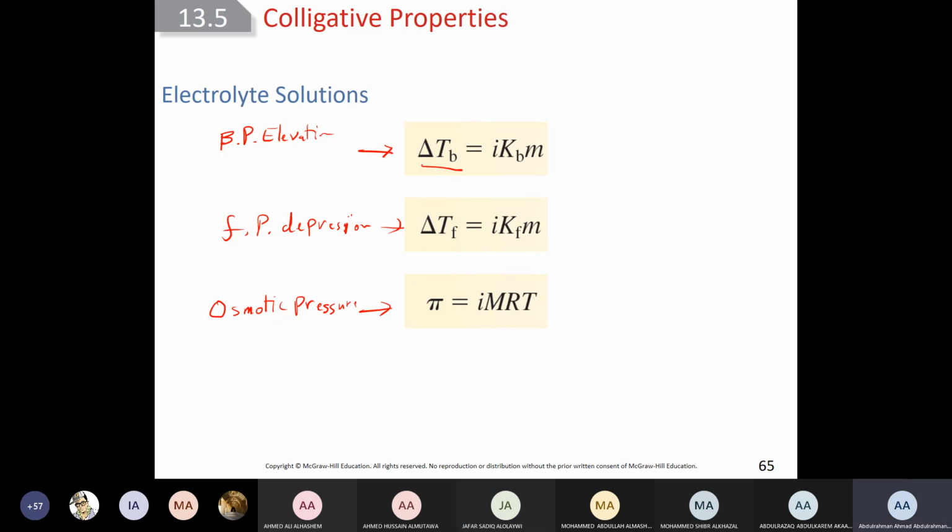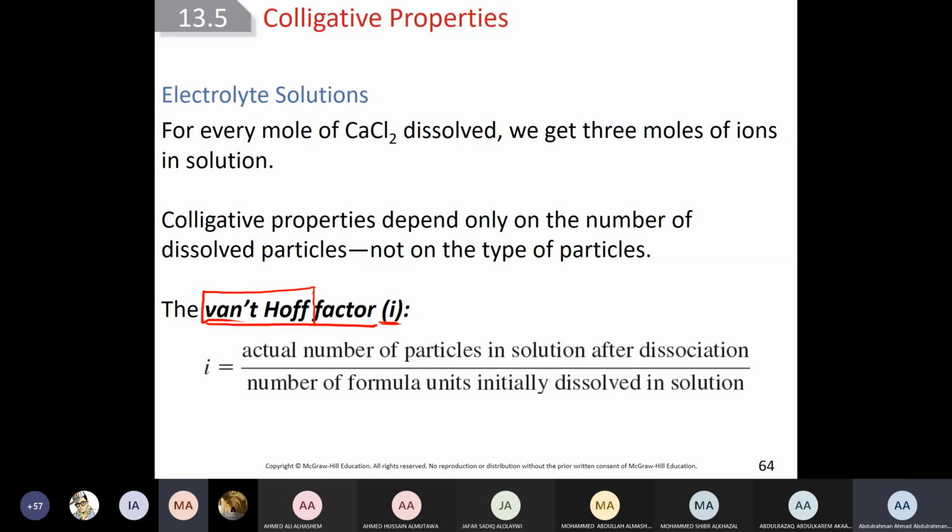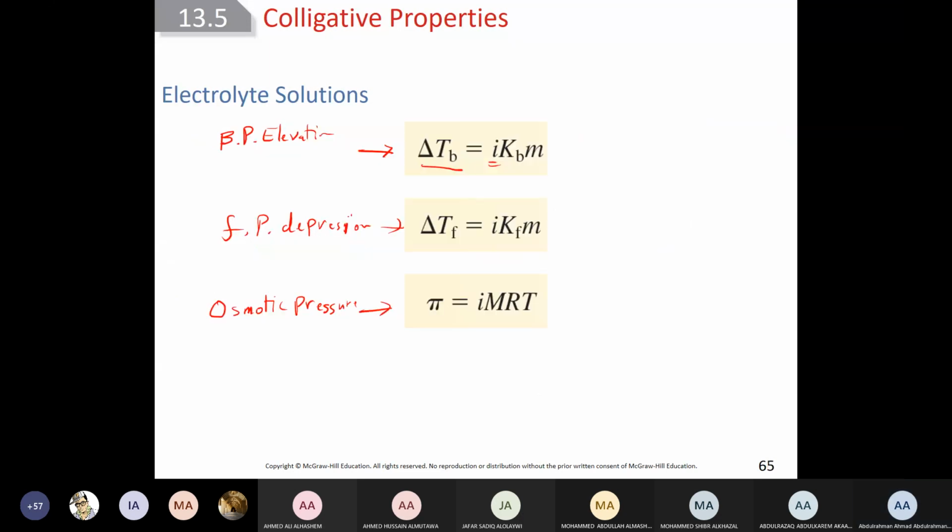What's the name? Van 't Hoff factor. You have to memorize the name. What's KB? Boiling point elevation constant, exactly. What's M? Molality.